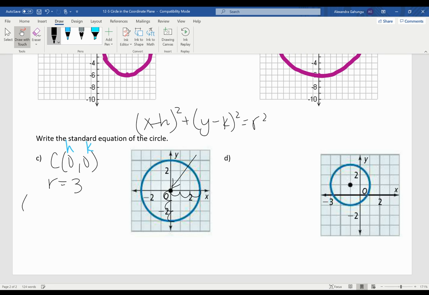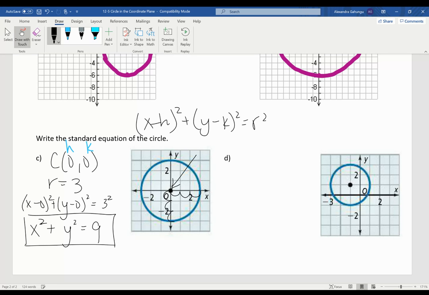So you can write it as x minus 0 squared plus y minus 0 squared equals 3 squared. And if we write it in simplest terms, x minus 0 is still x squared, because we're squaring it. And y minus 0 is just y, so it's y squared equals 9.